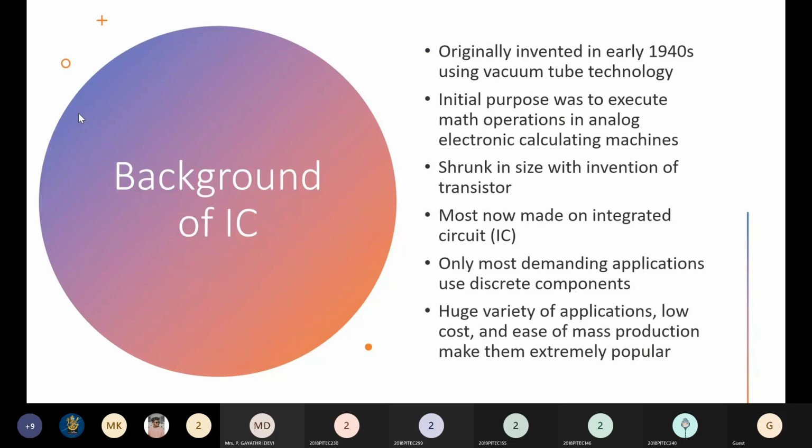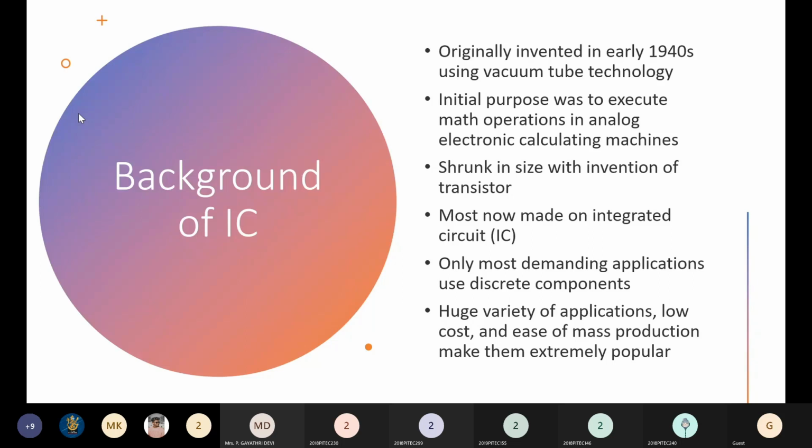The size of the vacuum tube was very huge, and it occupied an entire room. We all know that. And then the size of the electronic components came down with the invention of transistor. And then the next technology is IC technology, integrated circuits technology. This even more shrunk the size of the electronic equipments and devices.